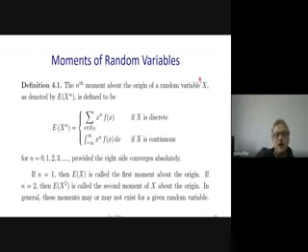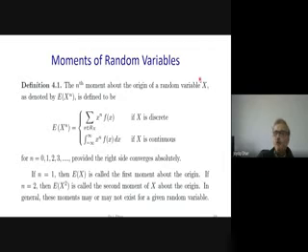So now I'm defining another very crucial thing in the case of discrete or continuous random variables, that is called moments of a random variable. The nth moment about the origin of a random variable x is defined by E of x to the power n. Like in the case of expectation E of x, if you remember, it is a sum of x into f(x).